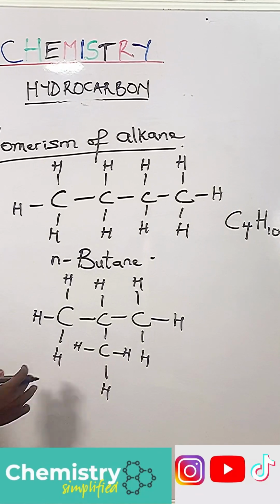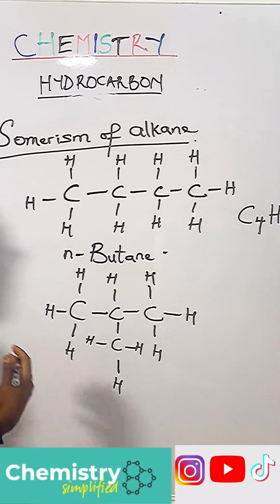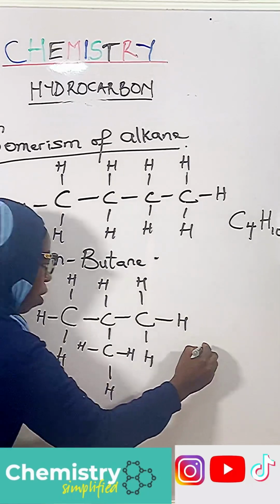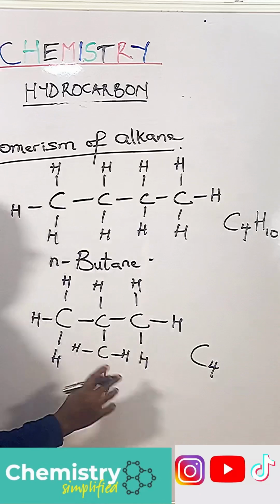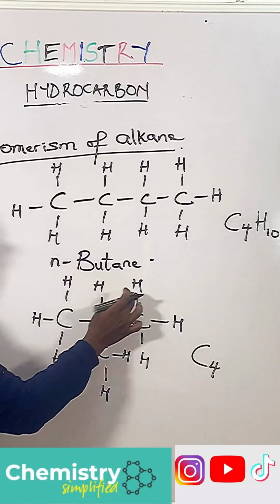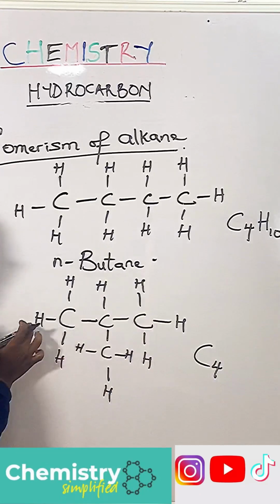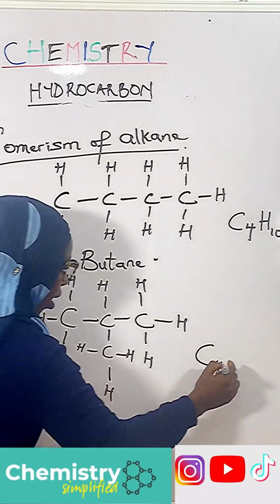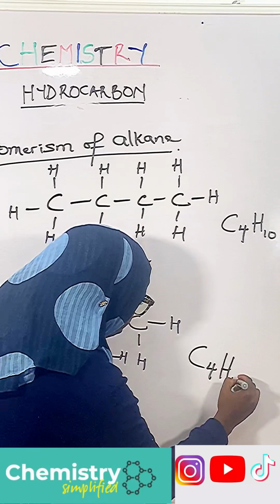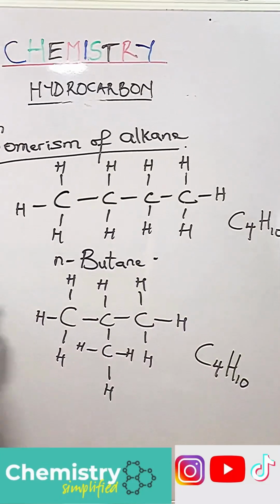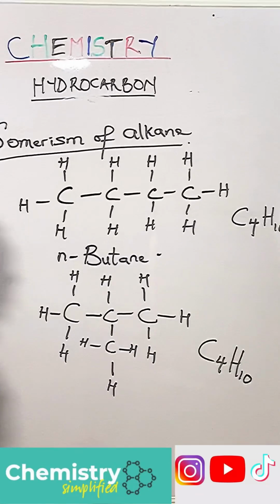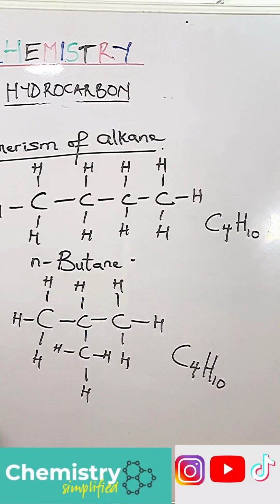But let's look at the number of carbon and also the number of hydrogen atoms that is there. 1, 2, 3, 4. We still have 4 carbon. Then let's count the number of hydrogen. 1, 2, 3, 4, 5, 6, 7, 8, 9, 10. It is still C4H10. Both of them have the same chemical formula but different chemical structure.